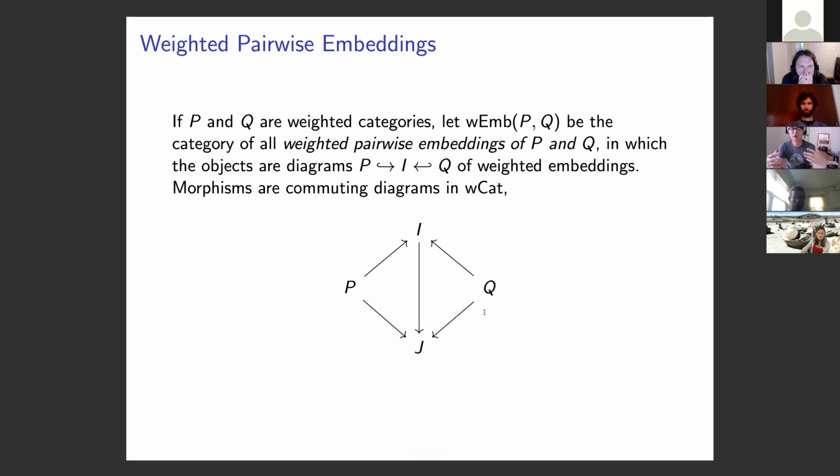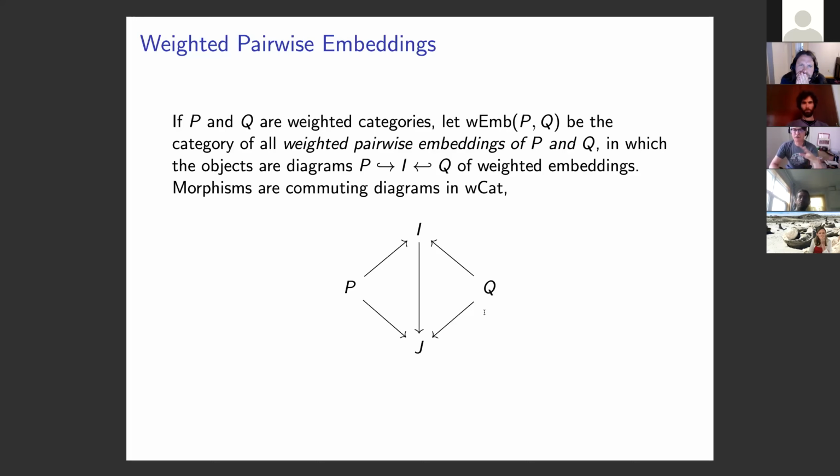All right, so this gives us this category of weighted embeddings. The objects are just these pairwise embeddings of your two categories inside any larger category, with the obvious morphisms.